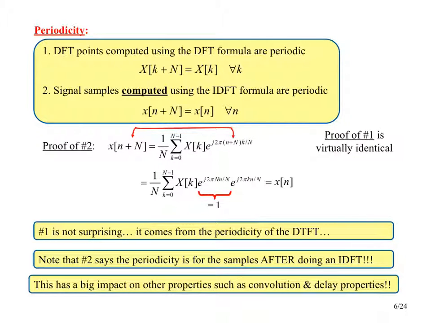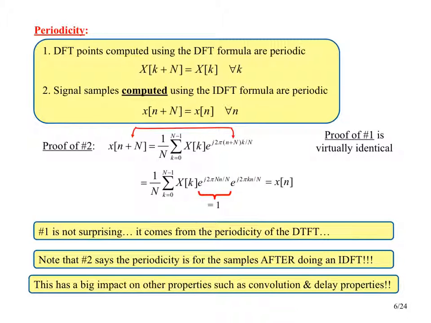The other thing, which is a little harder to see, is that once we compute the DFT of something and then invert it with the IDFT, we need to, at least mathematically, interpret that process as creating something that is periodic in and of itself. And we'll see what we mean by that as we go through this.